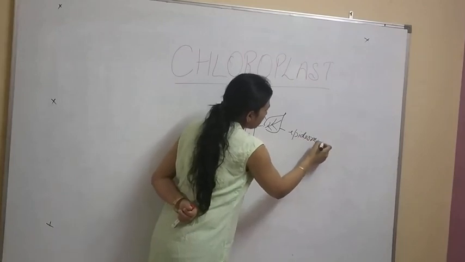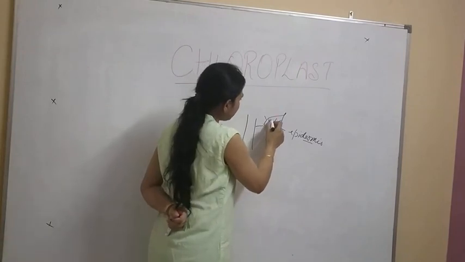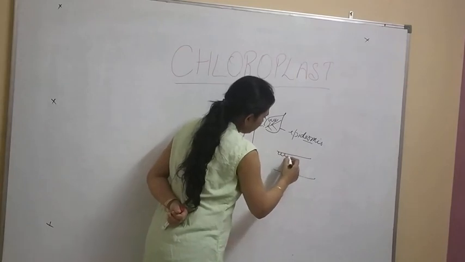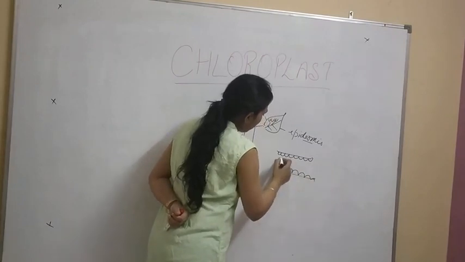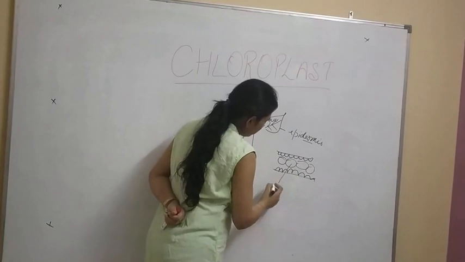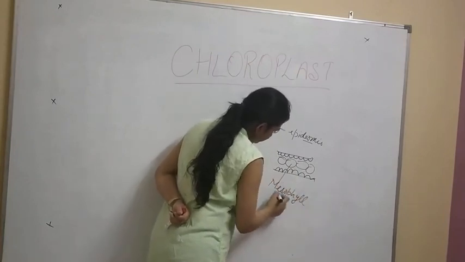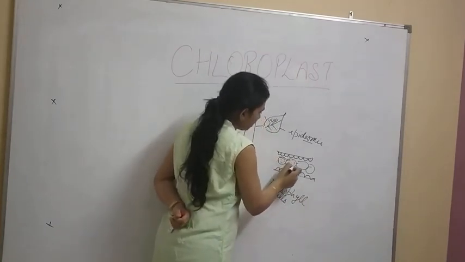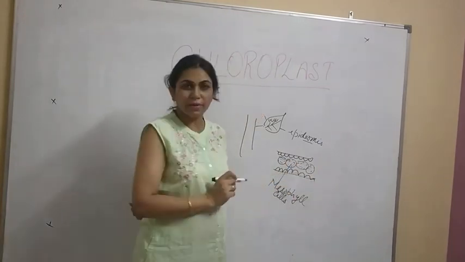Between these two epidermis layers there are cells present, which we call mesophyll cells. In these mesophyll cells, this organelle, chloroplast, is present.